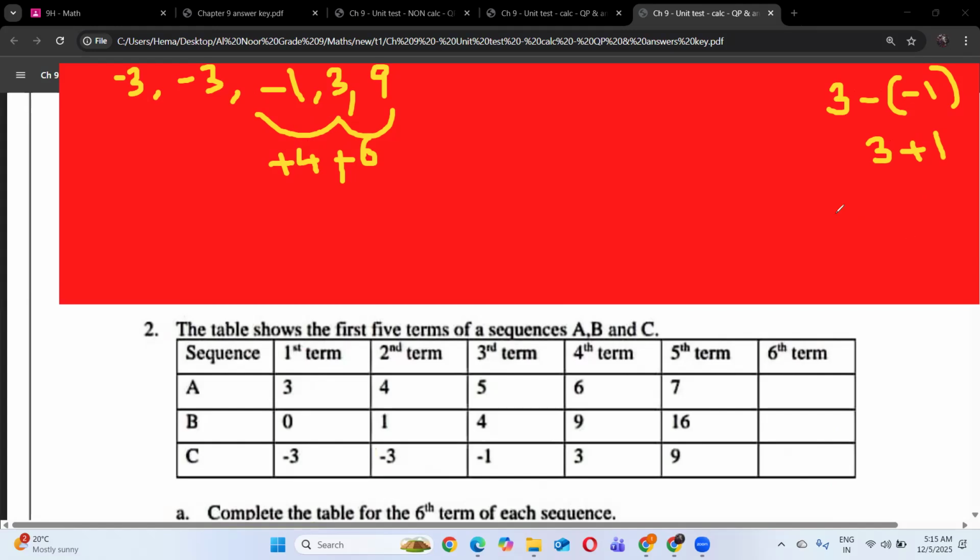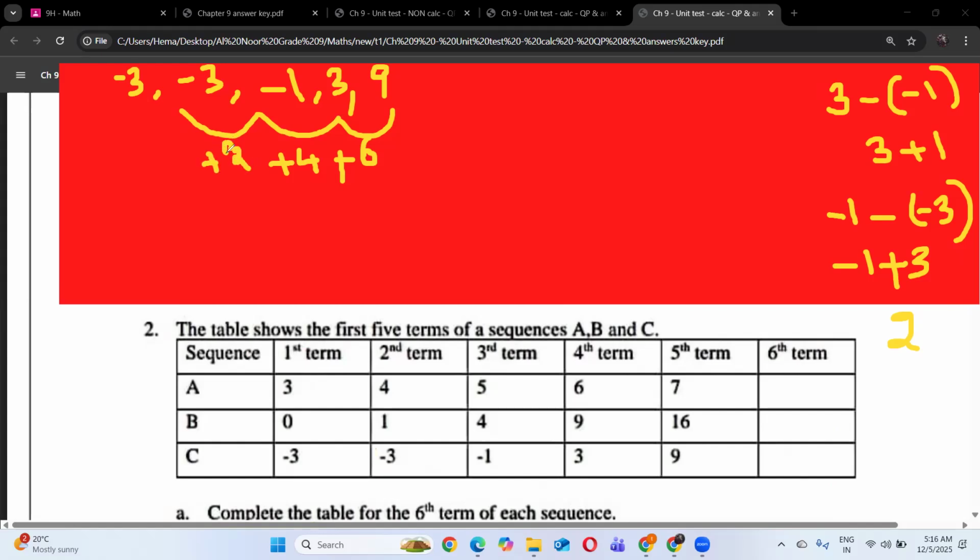Next, minus 1 minus the other number, which is minus 3. So minus 1, minus and minus becomes plus. You can check it directly in the calculator. Minus 3 minus 1 will be positive 2, since the bigger number is positive.